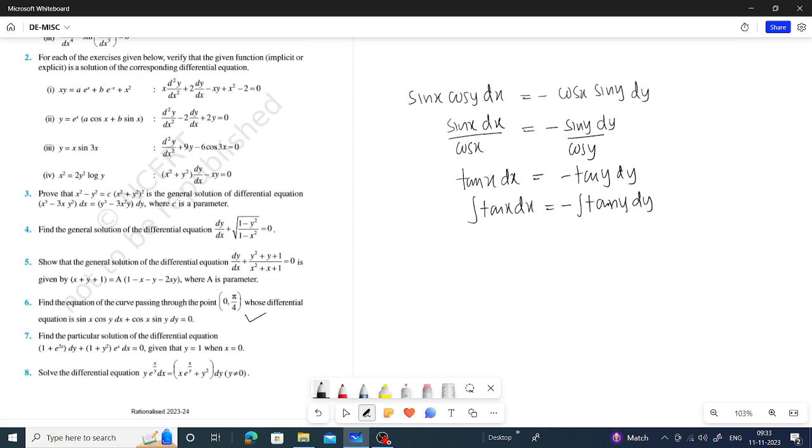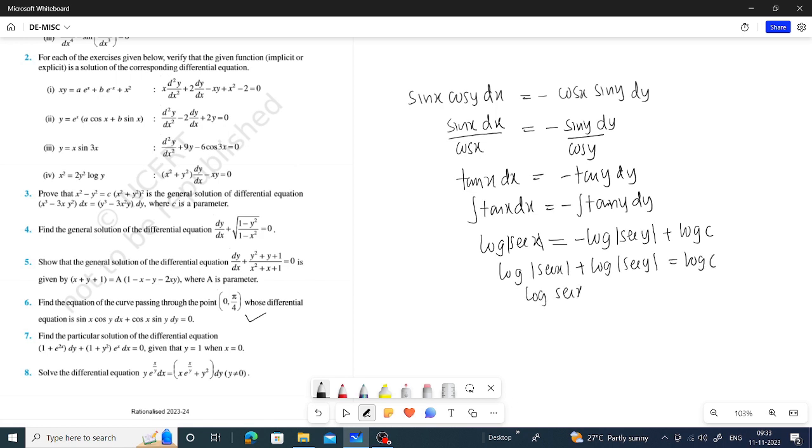What is the integral of tan x? The integral of tan x is log sec x. Log sec x equal to minus log sec y plus a constant of integration, which we also write in terms of logarithm of c. So logarithm of sec x plus logarithm of sec y equal to log c.